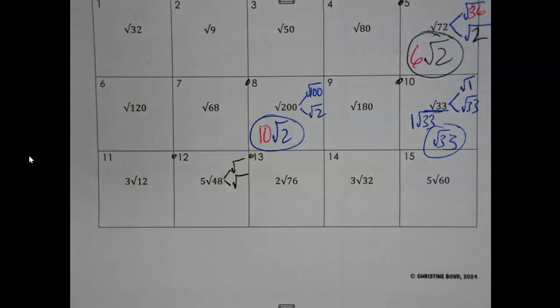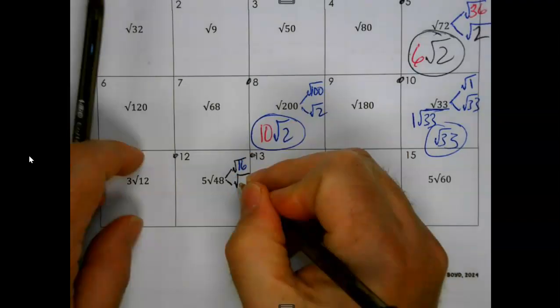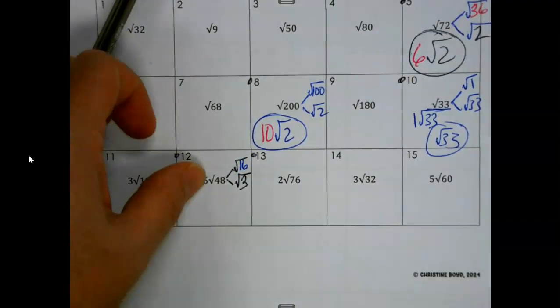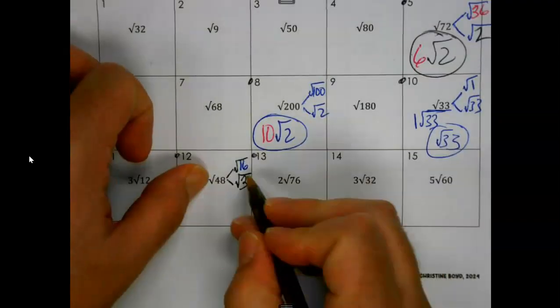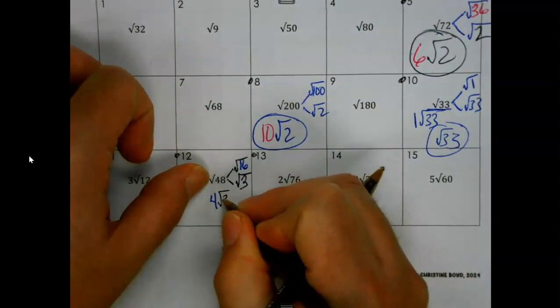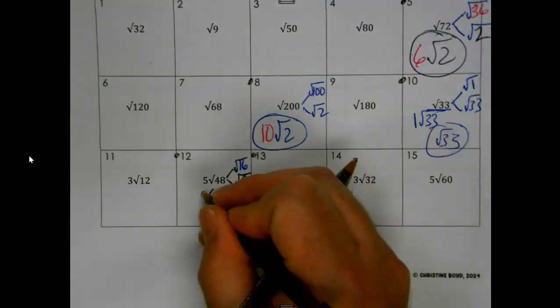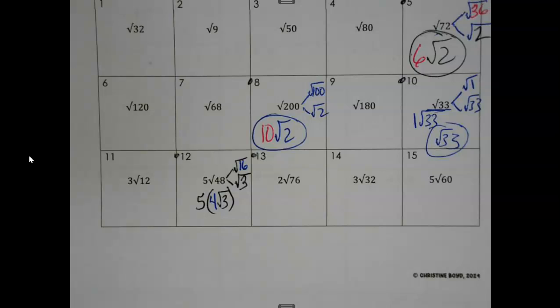So 48, start rolling your perfect squares, dividing them in. What's going to be our biggest one that can go into 48? 16 would be. So 16 and 3. Okay, still ignoring this for a moment. Square root of 16 is 4. Square root of 3. But that 5 is still lurking out here.